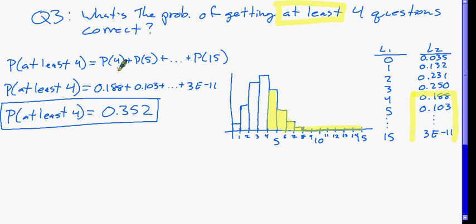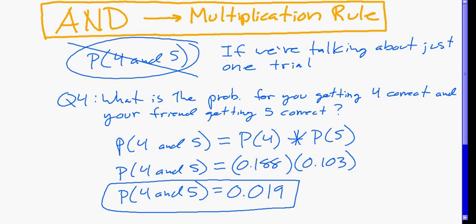Notice that with the or, the answer was always bigger than any one individual part. It was cumulative, you could think of it that way. But with the multiplication rule, you actually get something smaller than any of the individual parts, which, of course, is a result of multiplication, right? You're talking about 18 or about 19% of 0.103, so that's going to be a smaller number.